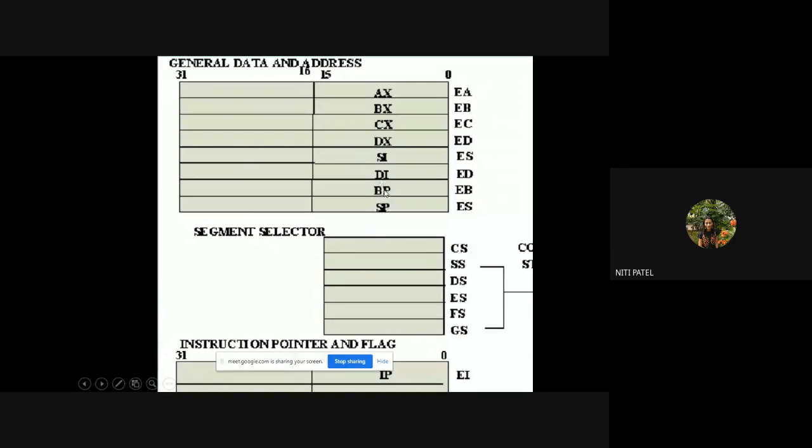We had all these four as 16 bits in 8086. But now in 80386, since they are 32 bits, we have renamed them ESI, EDI, EBP, and ESP: extended source index, extended destination index, extended base pointer, and extended stack pointer. Did you understand this?